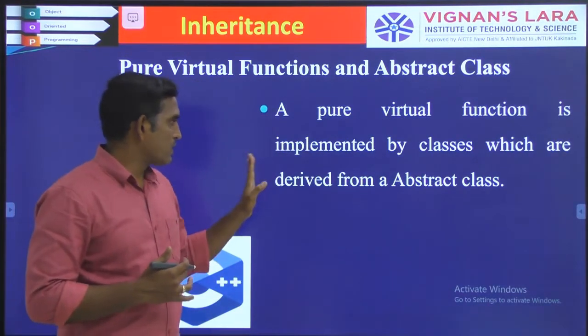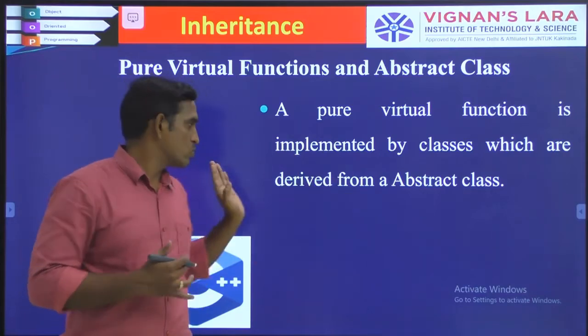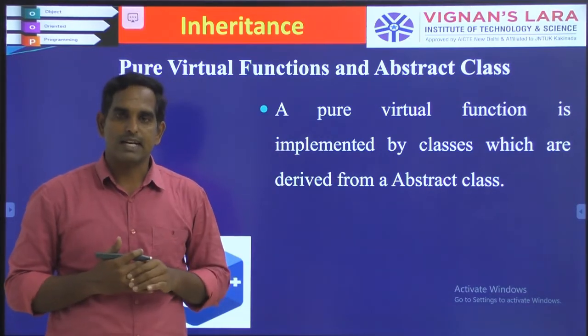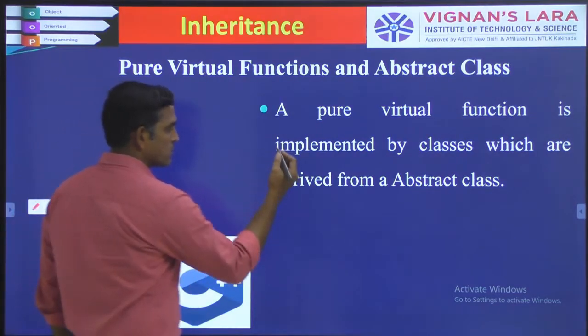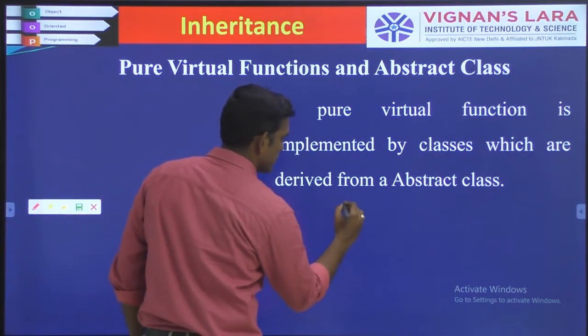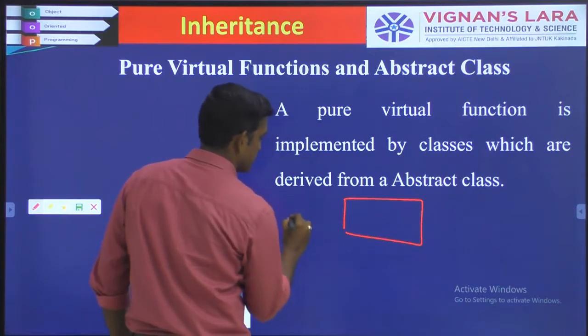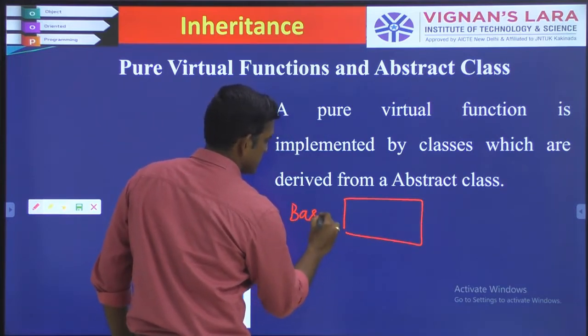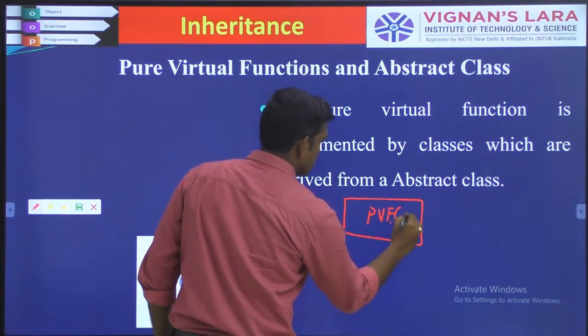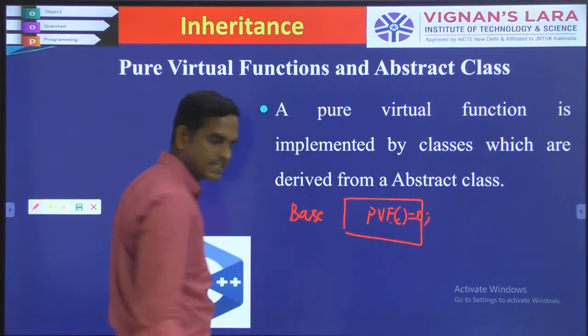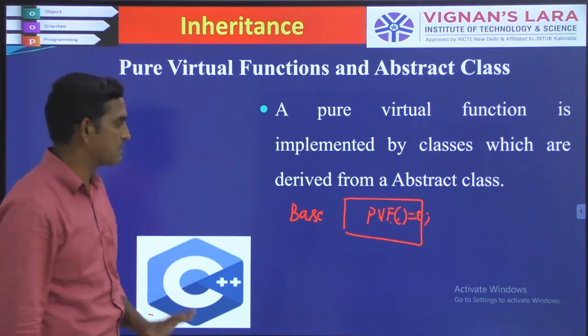A pure virtual function is implemented by classes which are derived from an abstract class. What is the meaning of this? You have your base class, and inside the base class you have your pure virtual function, which has just the declaration and no definition part.